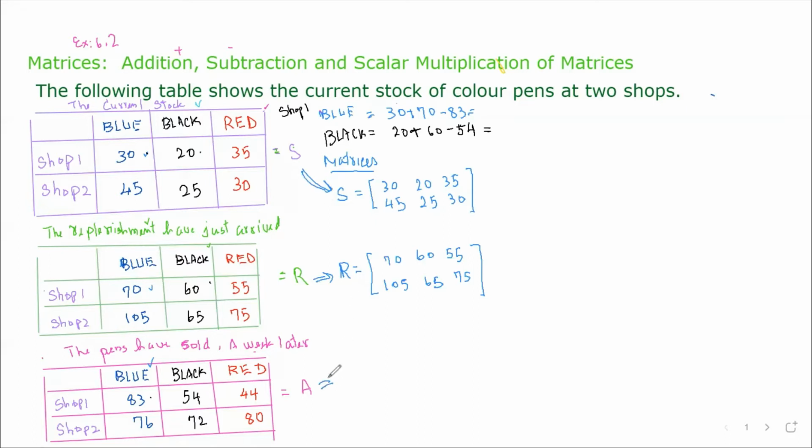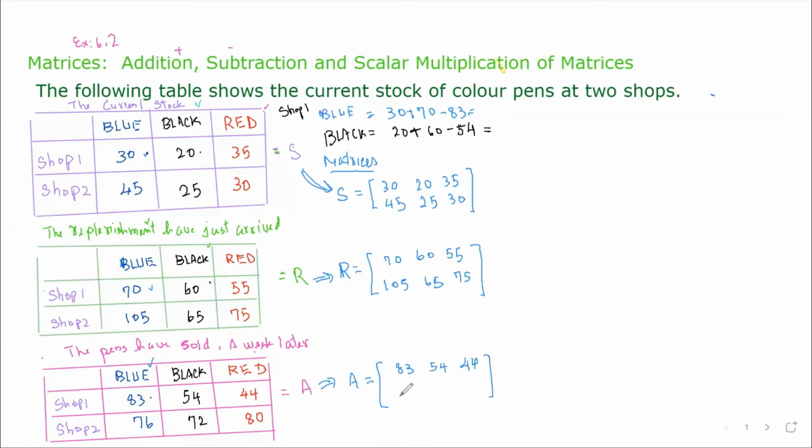And then for A, after a week later, you sold it out, okay? So we represent as a matrix A. So you can write in that pattern become 83, have to be the same location, okay? Same position and location. So 83, 54, and 44.